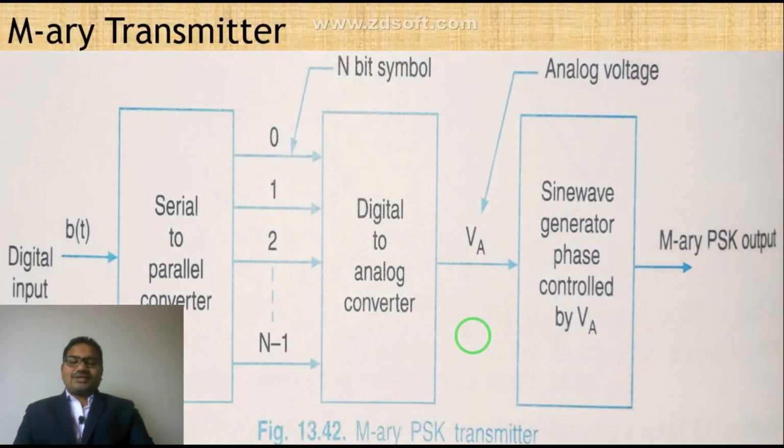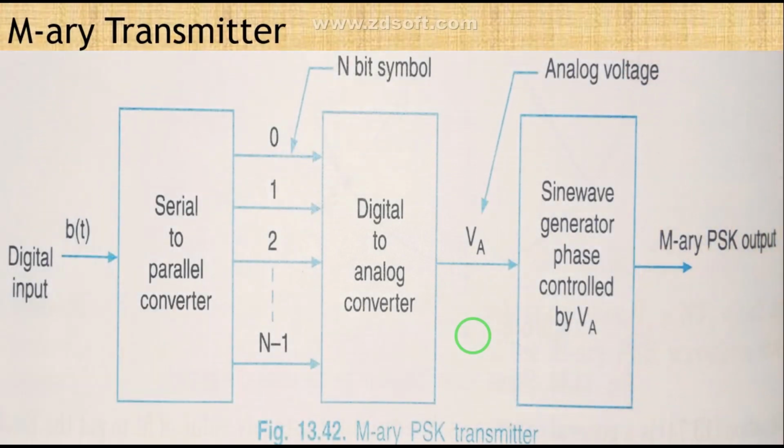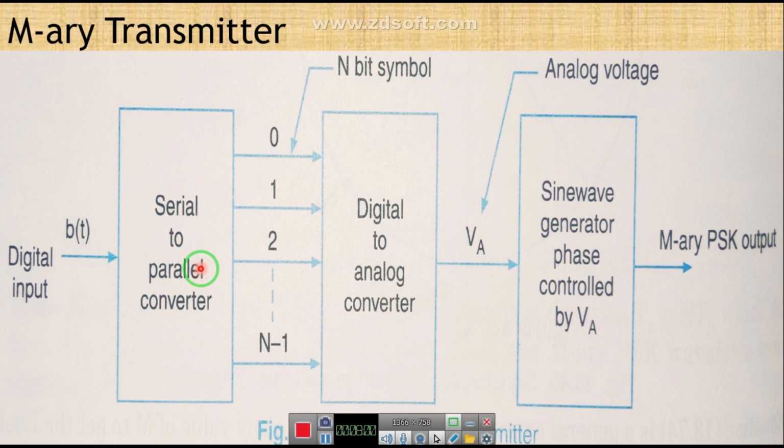Now we are going to see the transmitter. As in this block diagram you can see on the screen, this b(t), that is a bit stream, is applied to the serial to parallel converter, and this block can store the n bits of a symbol.